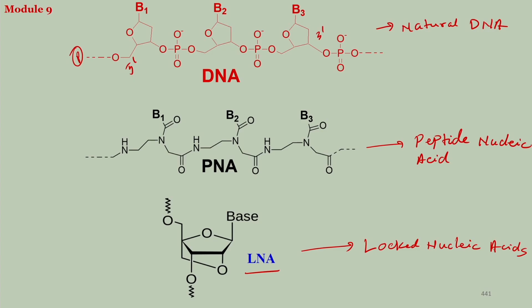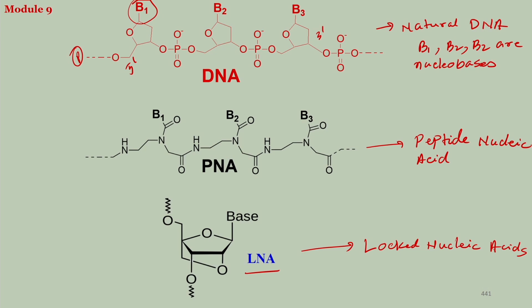It will move on. So, 5 prime O, here you have the nucleobase. So, B1, B2, B3 are nucleobases.